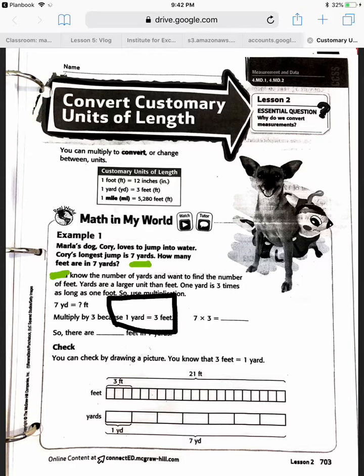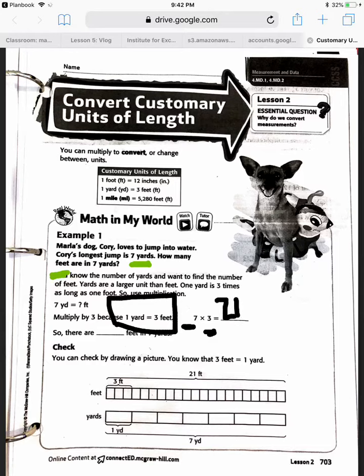So to get from yards to feet, down here they took your 7 yards and multiplied it, because you're going from something large like the yard to something small like the foot, and they used the magic number 3. And 7 times 3, if you put your finger on your 7, put your finger on your 3, and find the intersection, or use your calculator, you would find is 21.